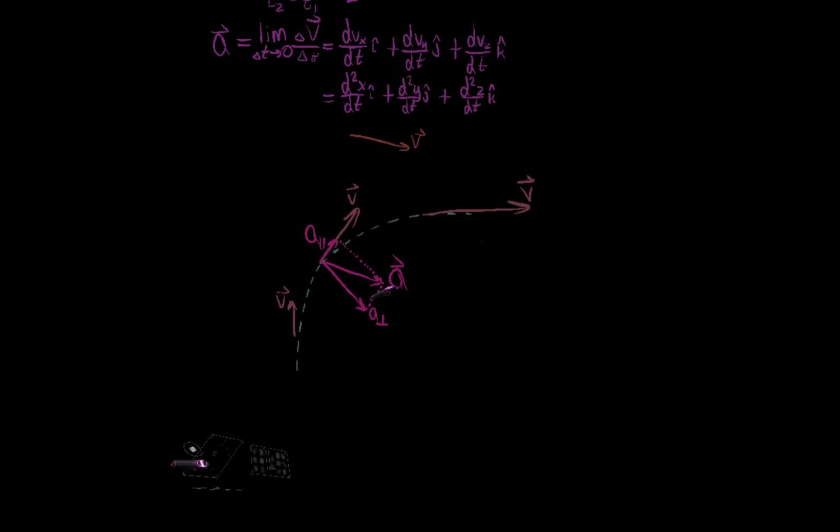So this is the acceleration vector, and it can be broken up into parallel component and perpendicular component. The parallel component tells you if the particle is speeding up or slowing down, and the perpendicular component tells you if the path is curving to the right or to the left, if the direction is changing, in other words.